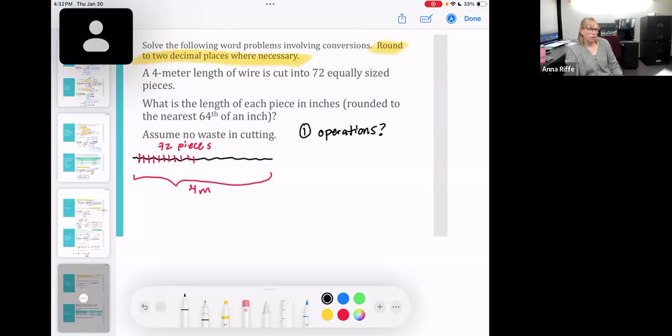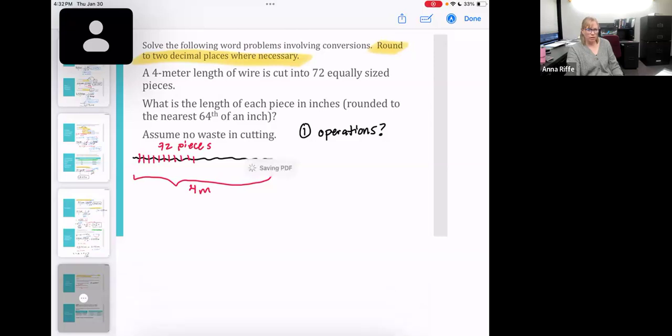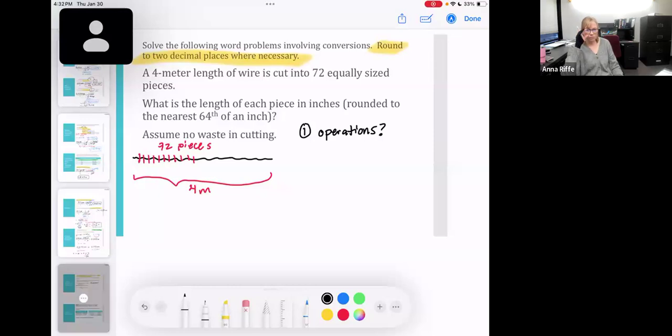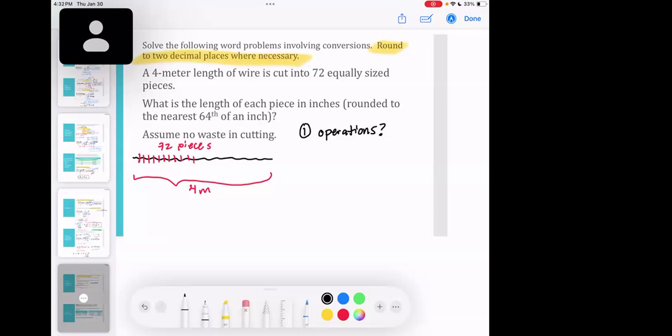What mathematical operation do you suppose we would use here? Would we use multiplication, division, addition, or subtraction to answer the question, what is the length of each piece? Division.